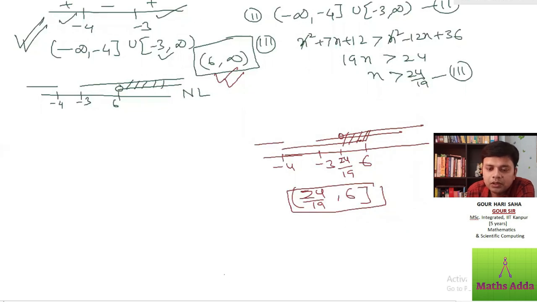If you take the union, it will be 24 by 19 till infinity. This is open. So this is your final answer.